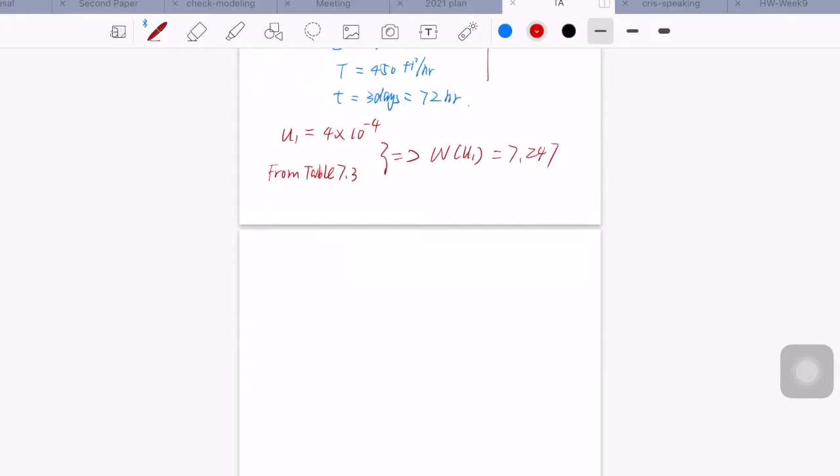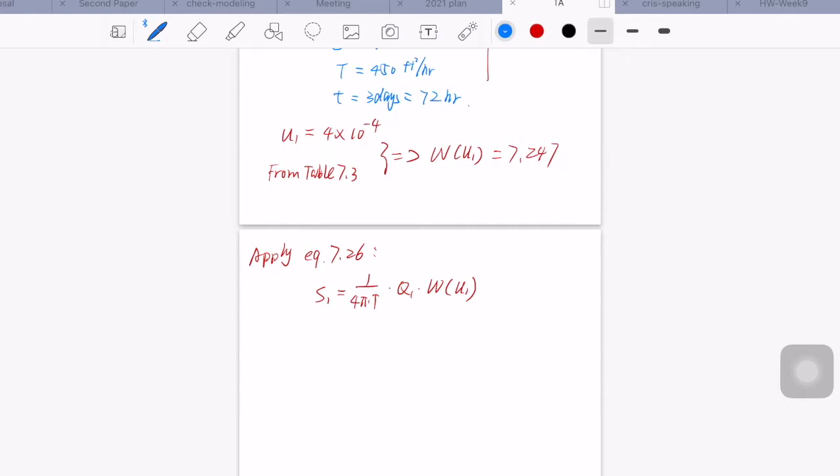And then apply equation 7.26. So S1 should be equal to 1 divided by 4 times pi times transmissivity times Q1 times W of U1.